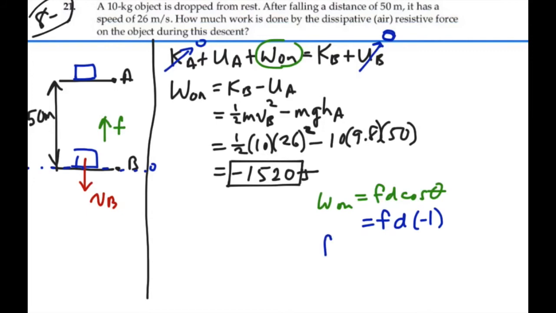That means that the resistive force is going to equal the work on the system divided by d, which would be negative 1,520 divided by negative 50, and that is positive 30.4 newtons.